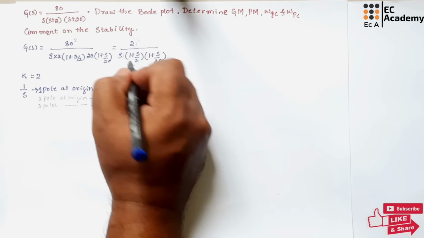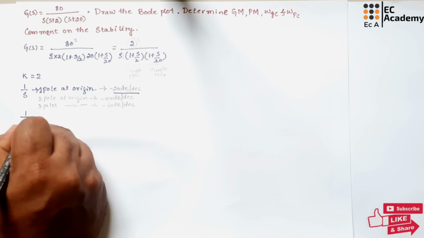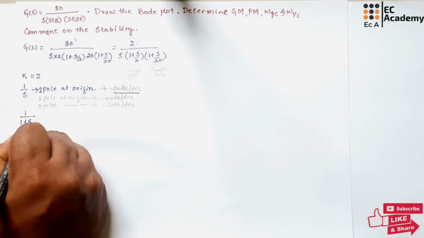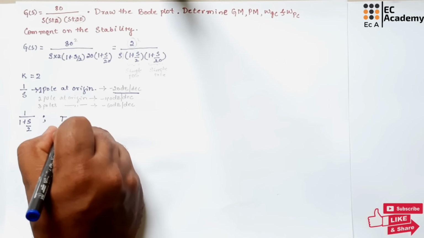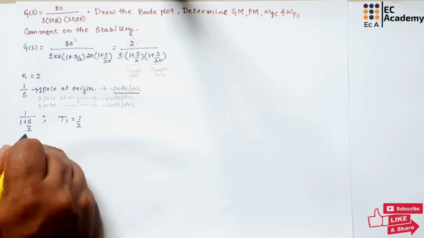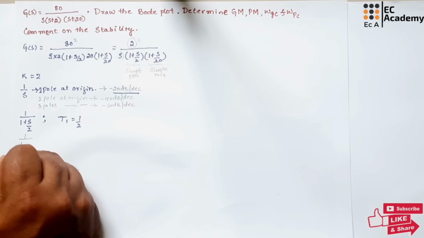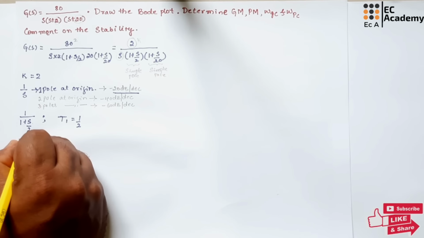Along with that, we are having two simple poles, which is 1 divided by 1 plus s by 2. So for this we can write T1 is equal to 1 by 2. Here we have compared this equation with the standard equation as 1 divided by 1 plus sT. Okay, so T is equal to 1 by 2.